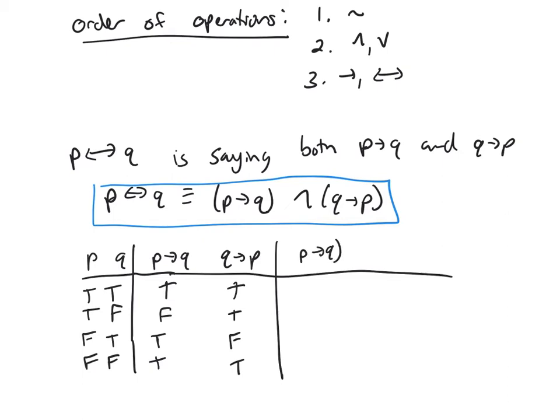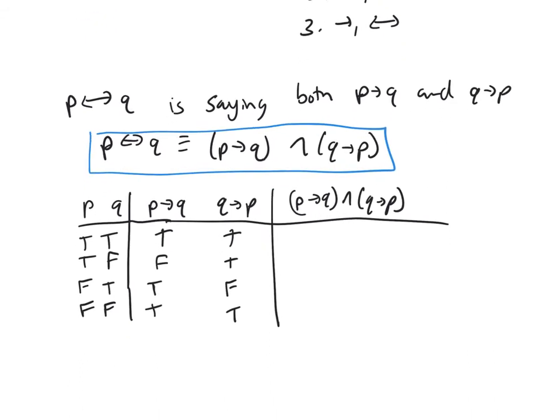If P then Q and if Q then P. So look at the last 2 columns and put an and between them. True, false, false, true. And this was the same as our biconditional column. So these are in fact logically equivalent.